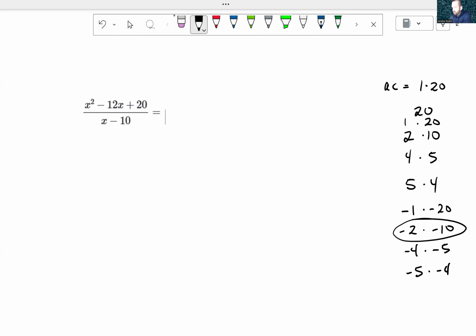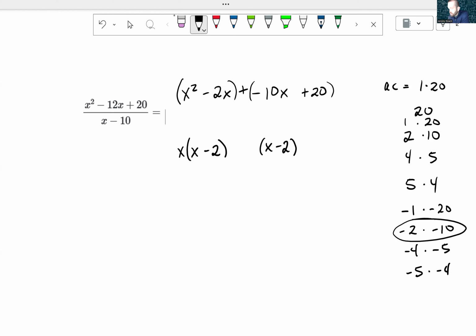So that means the top now is going to be x squared minus 2x minus 10x plus 20. We factor this by grouping: put a plus between, find the greatest common factor. That's an x for the first one. We're left with x minus 2. We're going to also write x minus 2 there.